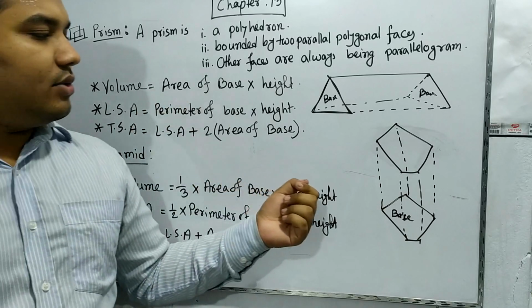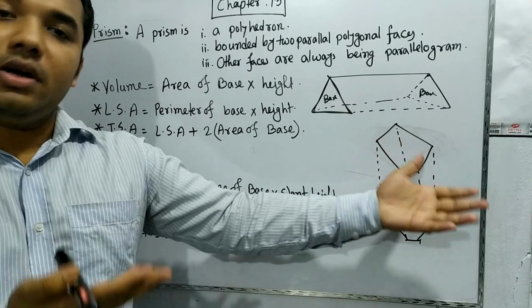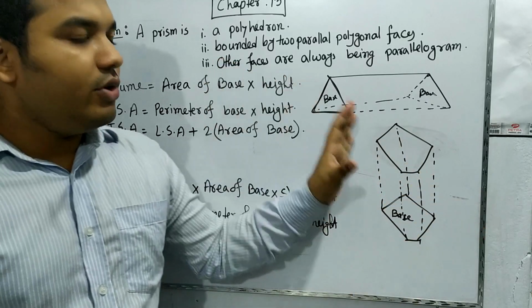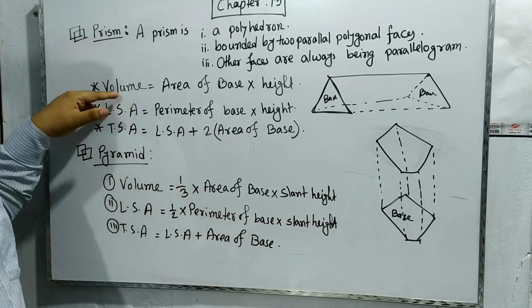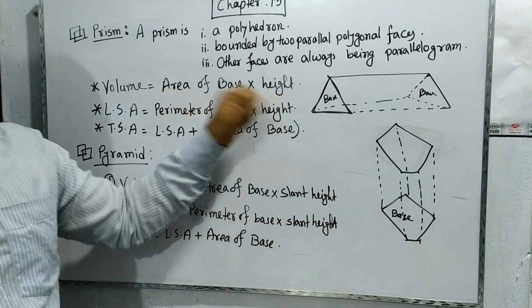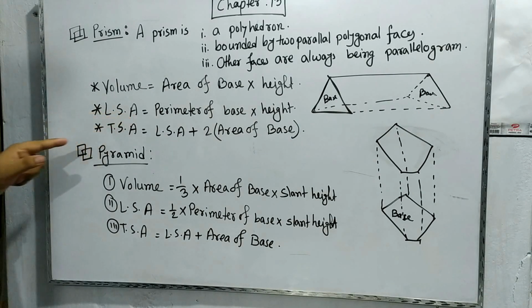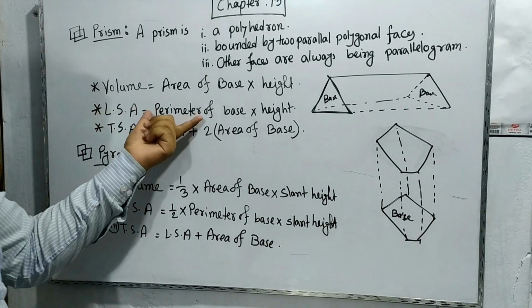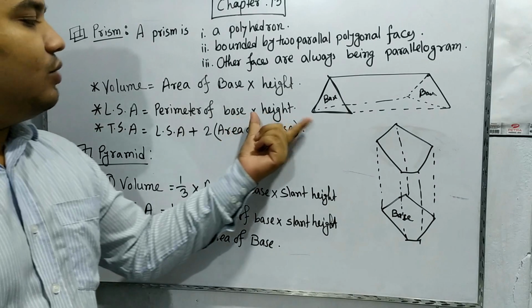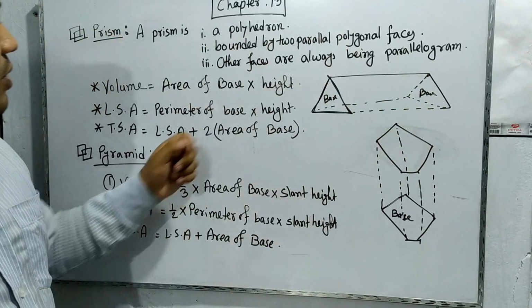If it is a pentagon, hexagon, octagon, anything else, we will find those polygons' areas. That's why the volume will be the area of base times height. The lateral surface area will be the perimeter of the base times the height.